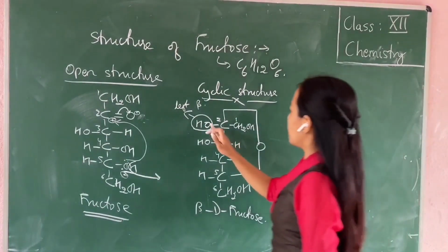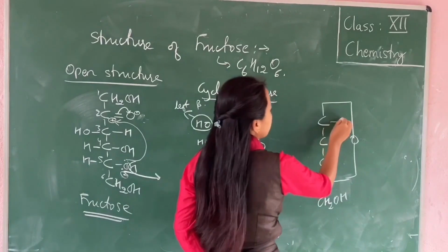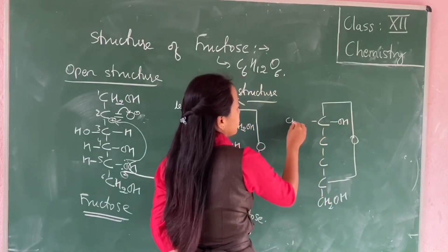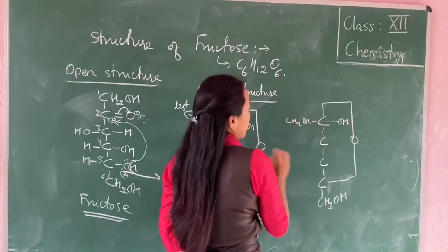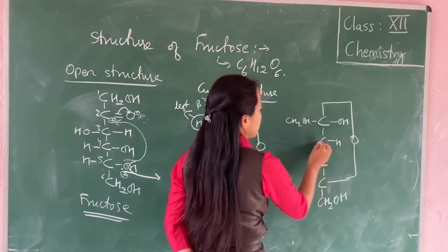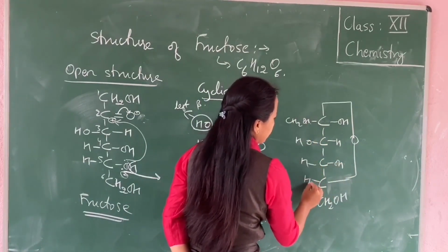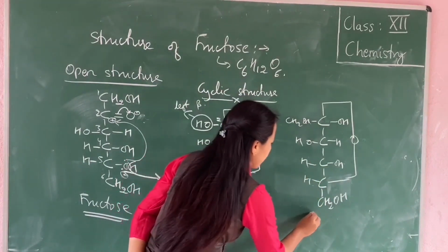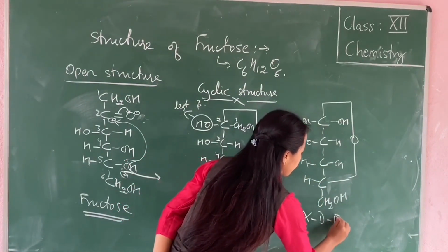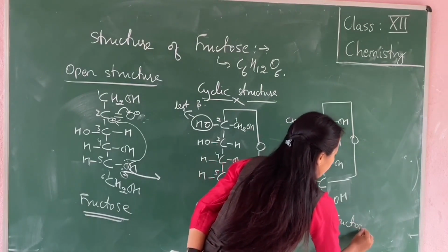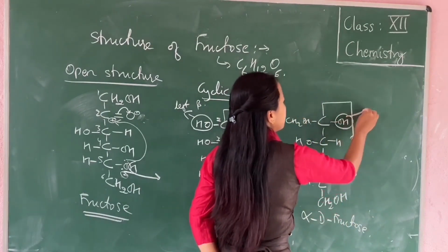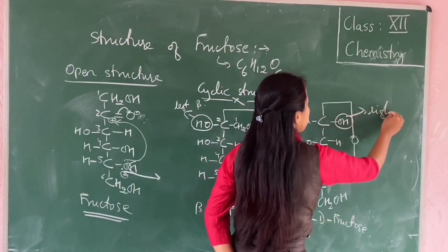Now in this case, OH will be on the right hand side, and then your CH2OH, and then you have hydrogen OH, OH, H, and then this H. Now this is your alpha D fructose, where you have the OH on the right hand side.